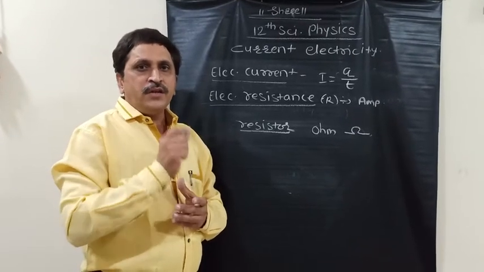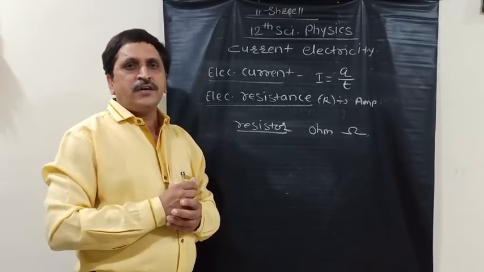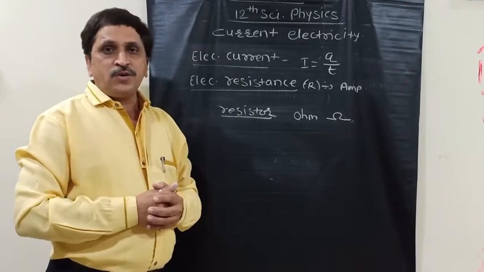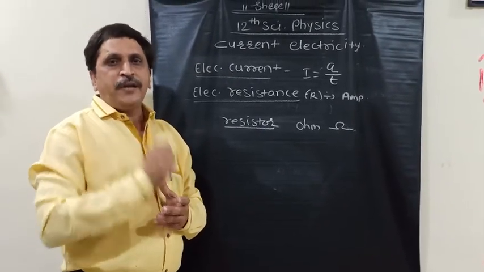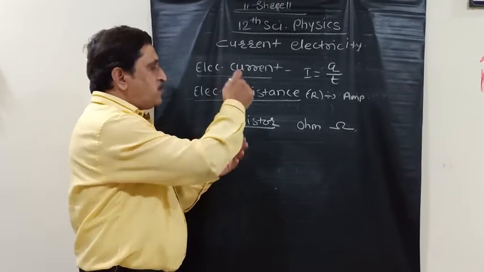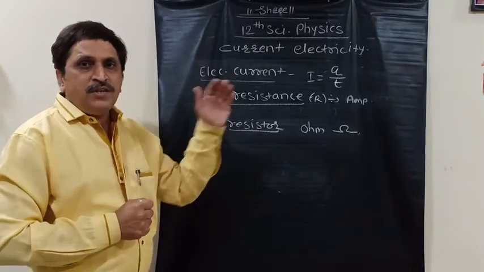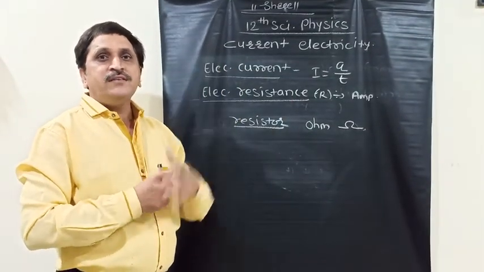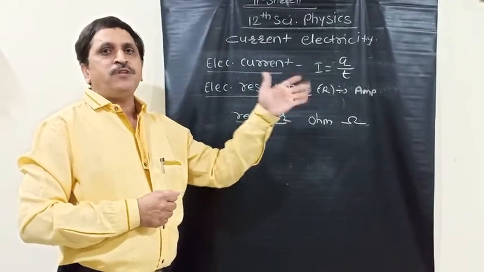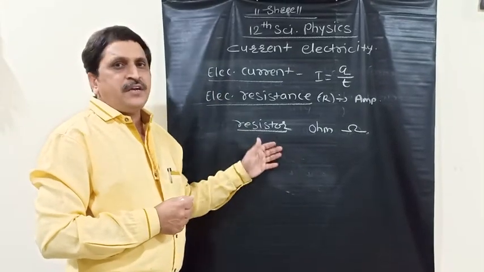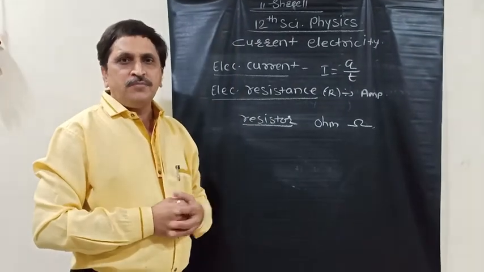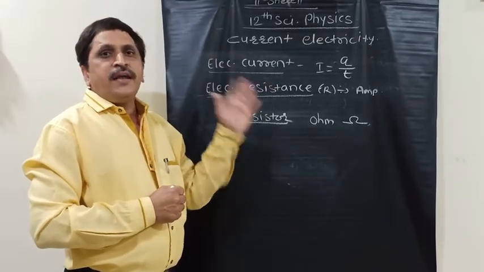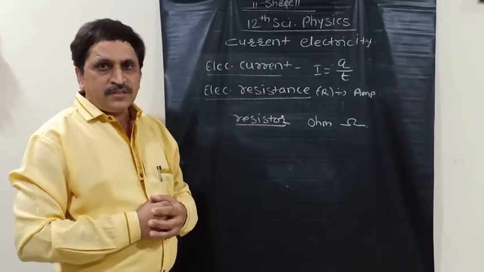Around the nucleus, negatively charged particles are revolving continuously. These negatively charged particles are known as electrons. The electrons present in the outermost orbit of an atom are known as free electrons. These electrons are also known as valence electrons. Depending upon the number of free electrons present in the outermost orbit of an atom in the substance, we can say that that is the basis of the electric conductivity property of that substance.